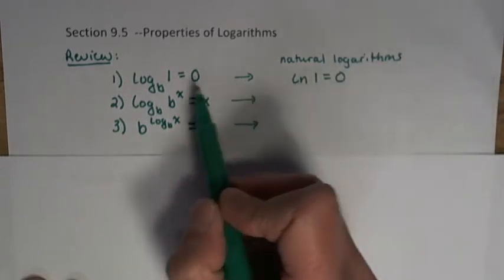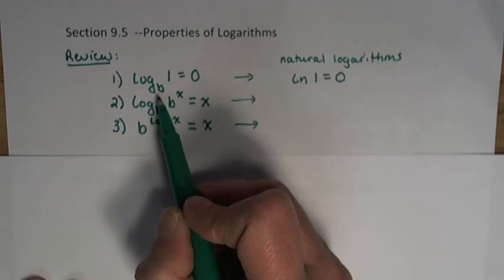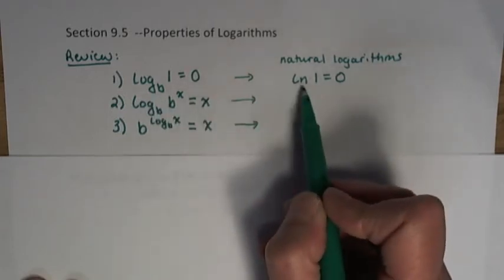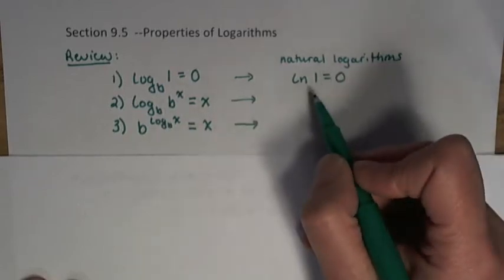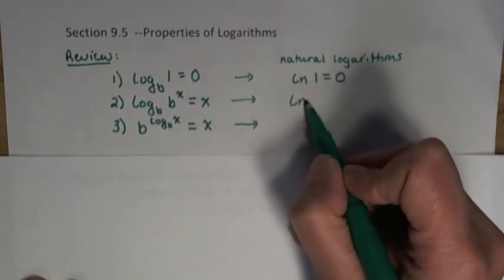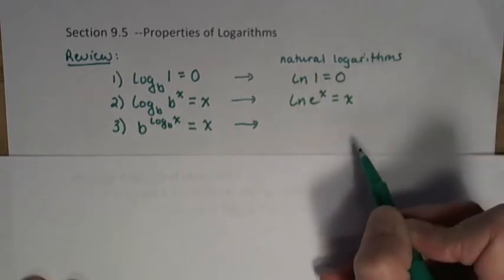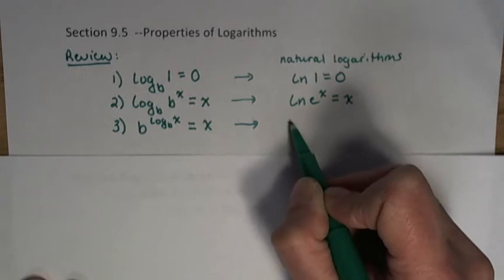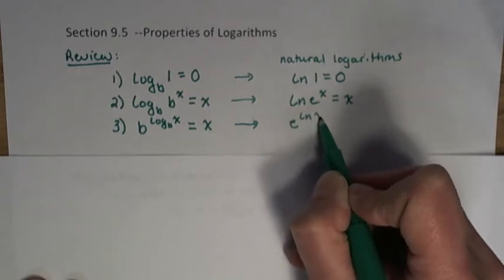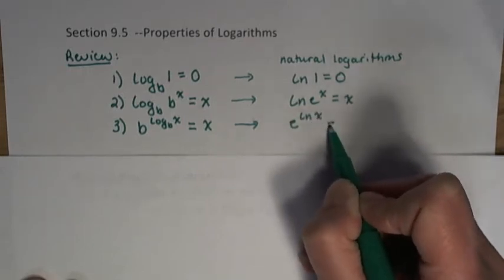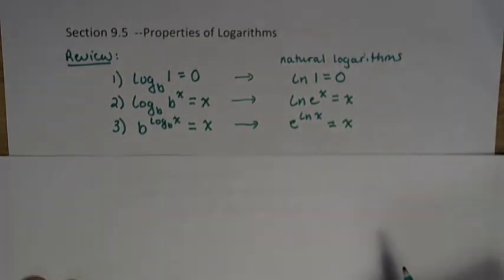Natural log replaces log base b because we're looking at log base e in this case. The second one becomes natural log of e to the x, and that's equal to x. And the third one becomes e to the natural log of x, and that also equals x.